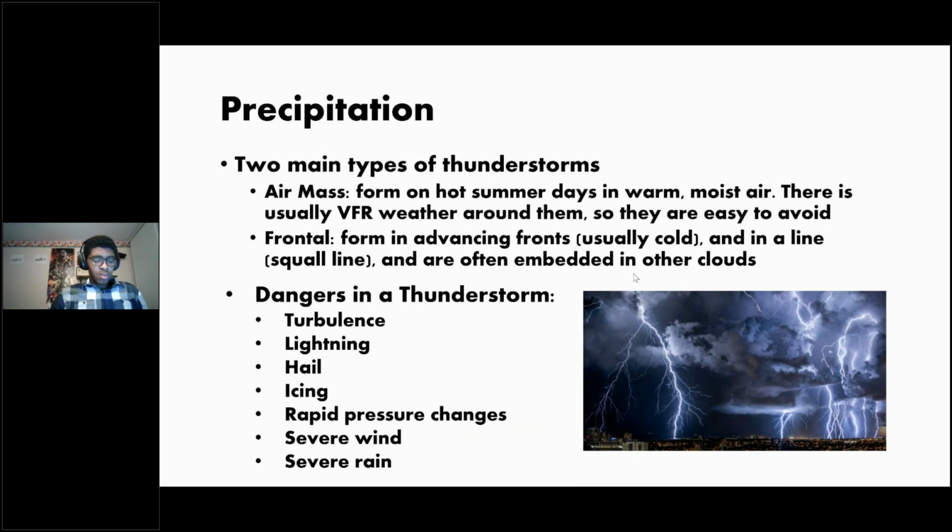Cool. And then dangers of a thunderstorm. Obviously turbulence, right? Very unstable air. Lightning, which is never a good thing, but it's not always fatal, right? The big airliners, for example, can typically withstand being struck by lightning at this point. But if you're in a little plane, probably not the best situation.